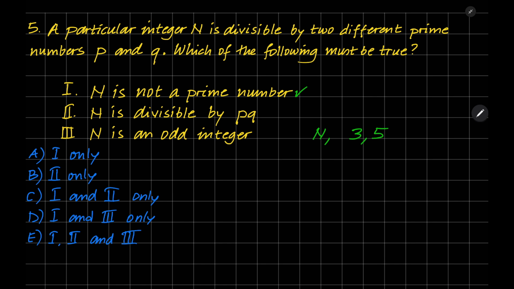Then n is equal to 3 times 5 times p1 times p2, etc., where p1 and p2 are prime numbers. So n is divisible by 3 times 5, equal to 15. Therefore, statement 2 must be true.